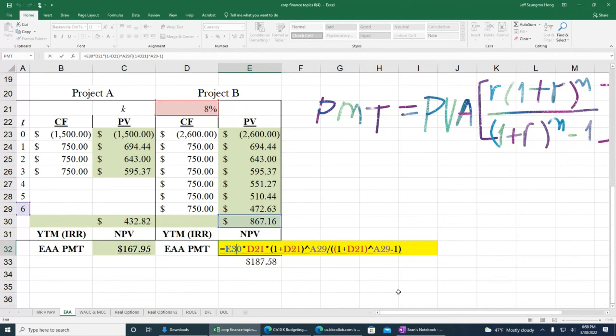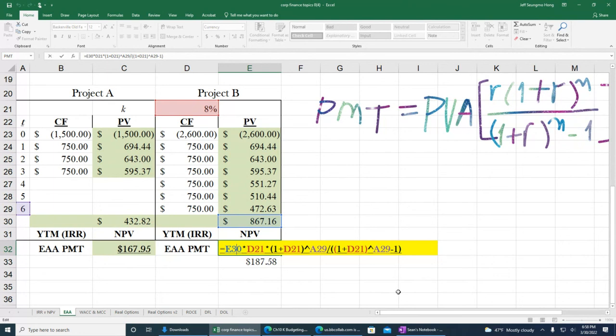I have a question. Does that mean the project is the equivalent of having a security that pays 187 a year for 6 years? Yeah. For example, if you buy an annuity plan that pays you 187 every year for 6 years, then how much would you pay today? I mean, what should it be priced?